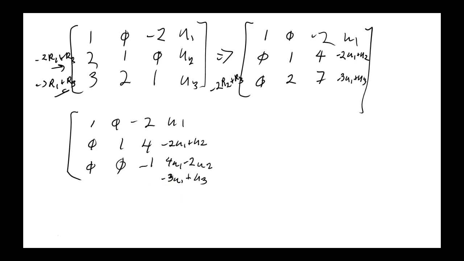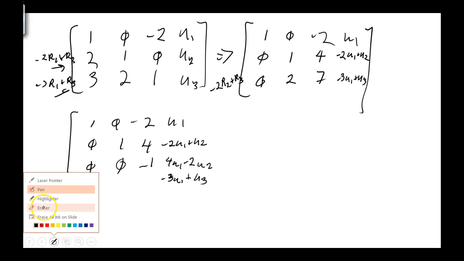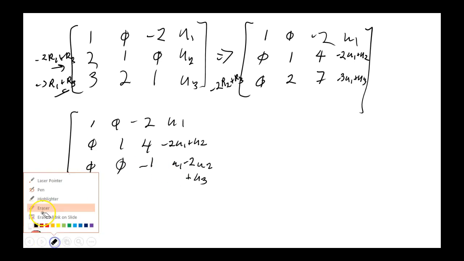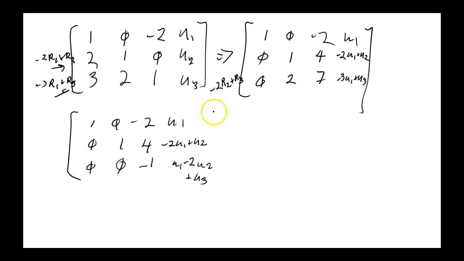For some reason I wrote a 4 somewhere it wasn't supposed to be. Okay, it may have been my U looked like a 4 or something. Anyway, to simplify this just a tad, that would just be 1U1 minus 2U2 plus U3.